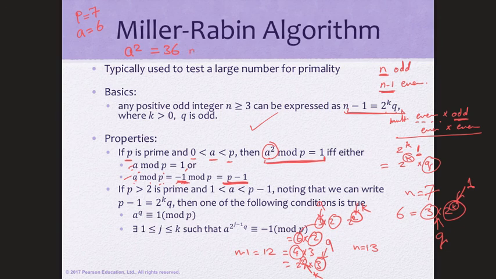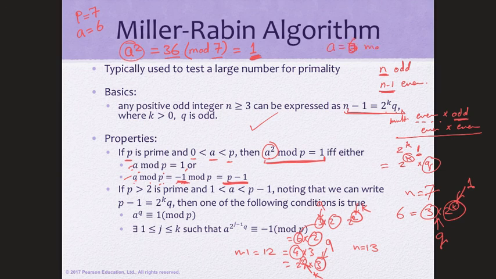But then 36 mod p, which is mod 7, is equal to 1. Because if you divide 36 by 7, the result is 5, and the remainder is 1. So that's the remainder, right? So now we know that a square mod p is equal to 1.